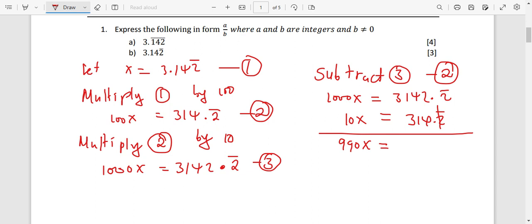Let me just give it a minute so that you get to see what's there. All right. So we are subtracting 1000x minus 10x. That gives us 990x. What if we subtract 3142 minus 314? What are we going to get?